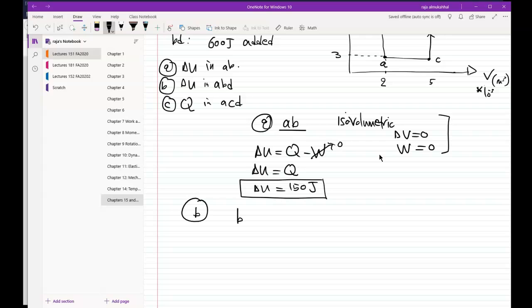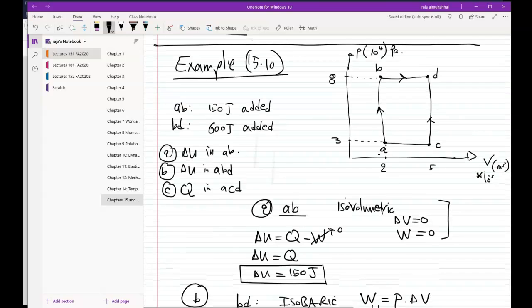So B to D. Well, that's isobaric. And what's so special about isobaric? Isobaric, the work is equal to P delta V. Again, we talked about that. Okay, P delta V. This is for BD. Let me just put a BD here just to remind myself. So what is the pressure here?